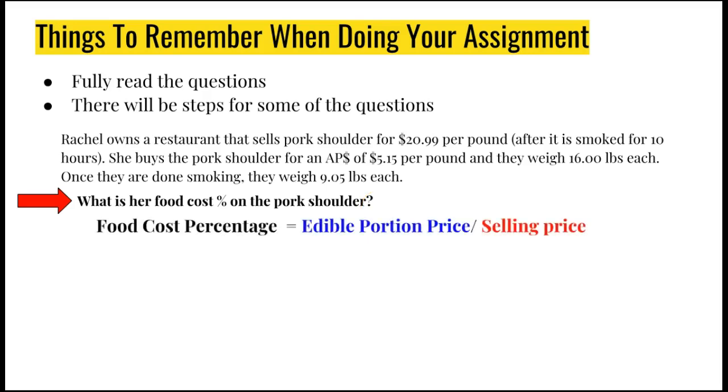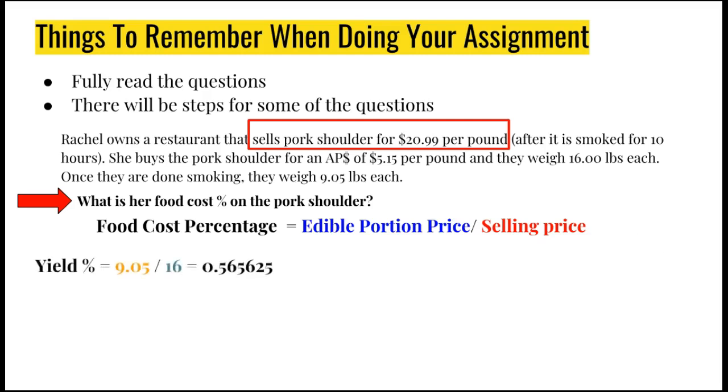So my food cost percentage is the edible portion price divided by the selling price. We know that I'm selling this pork shoulder for $20.99. So we know that, but we don't know what my edible portion price is. So this is where the steps come into play. I need to figure out my yield percentage. So I have 9.05 pounds.